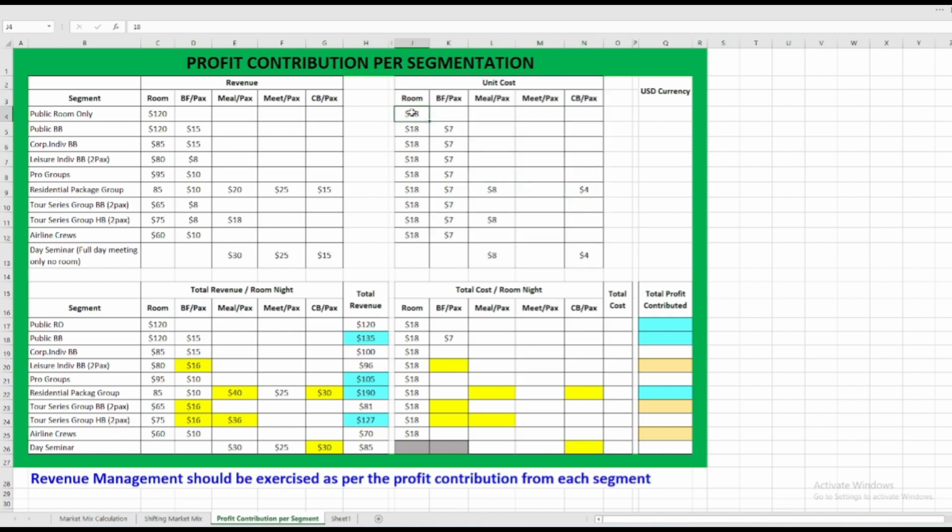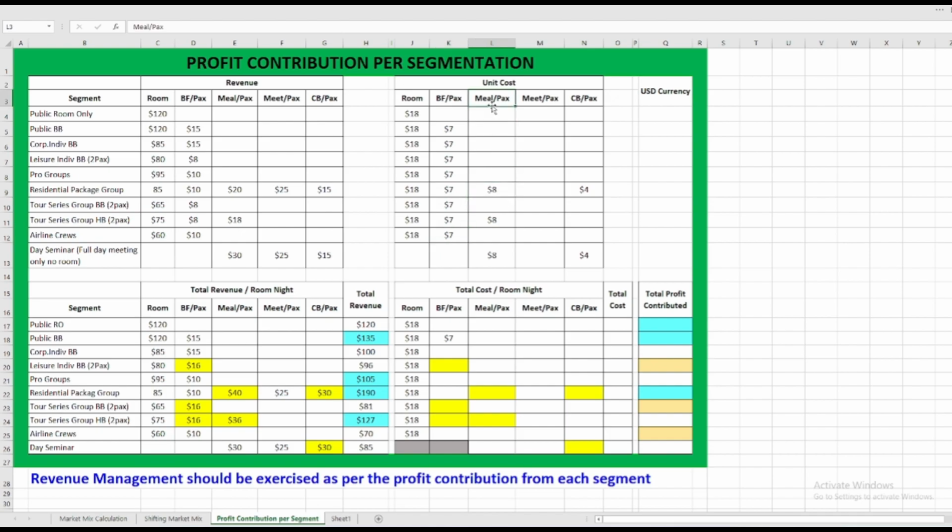Cost per room, in every segment, for example public room only, bed and breakfast, corporate individual, all have the same room cost. And for the breakfast cost of sale, they are all $7 per person.